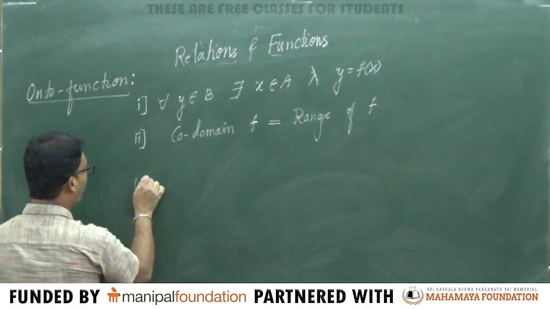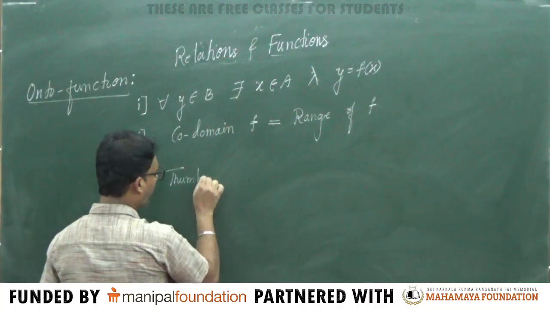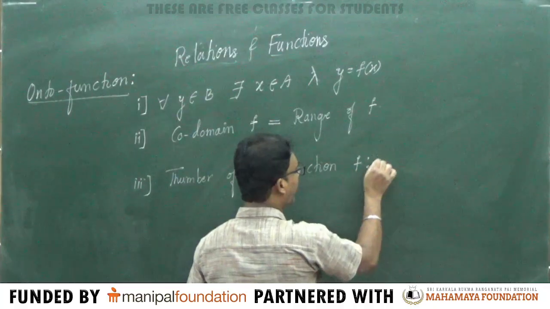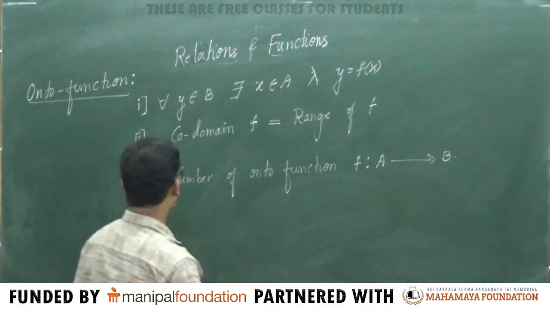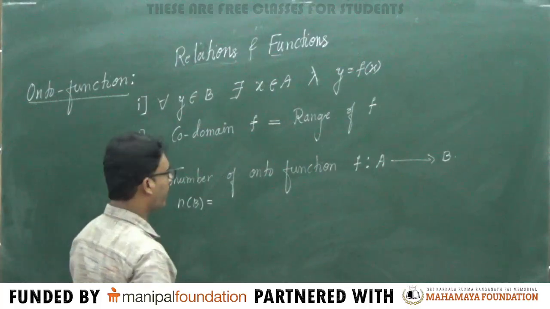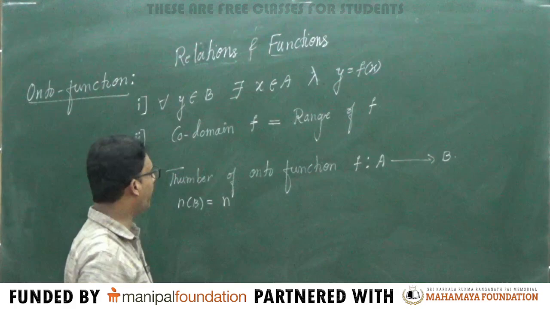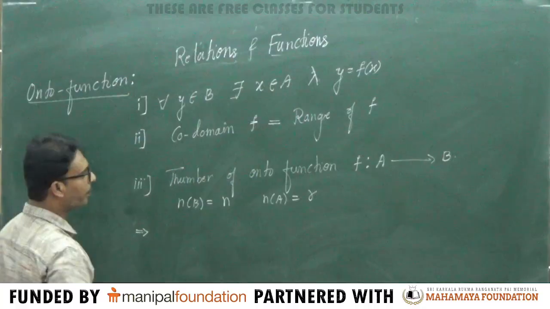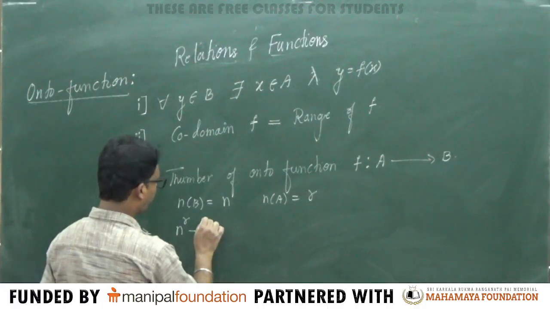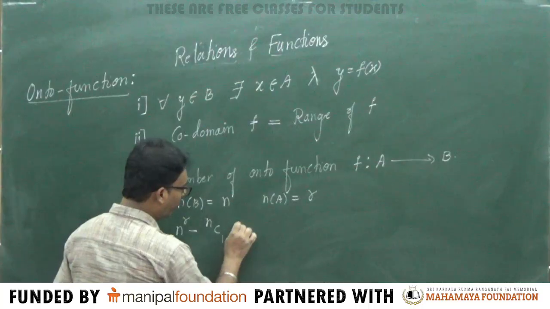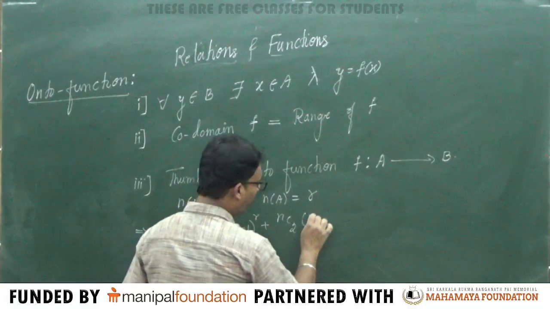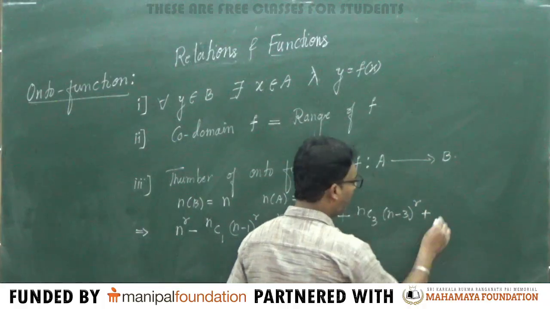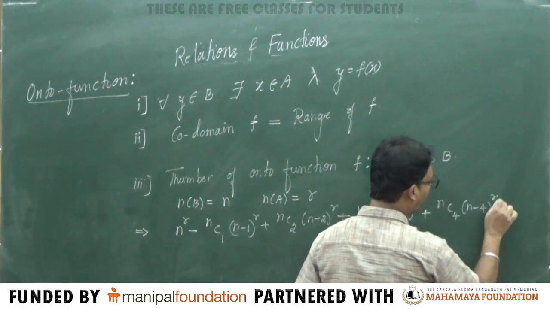Then the formula to find the number of onto functions from the set A to B. Assume that the set B contains n elements and the set A contains r elements, then the number of onto functions is n to the power of r minus nC1 into (n minus 1) whole raised to r plus nC2 into (n minus 2) whole raised to r minus nC3 into (n minus 3) whole raised to r plus nC4 into (n minus 4) whole raised to r, and so on.